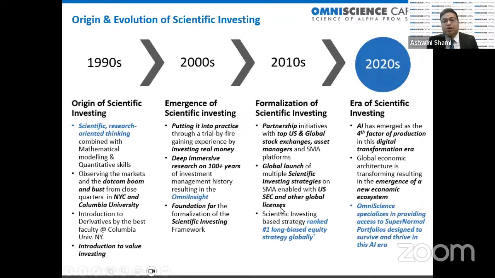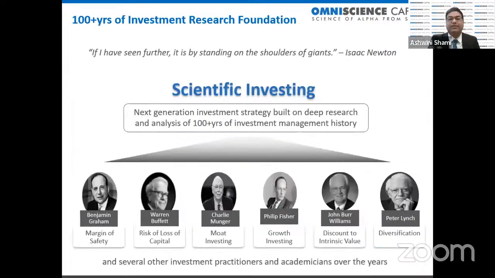Now, obviously, it has a long history, a 4-decade-long history, of how we have come about this Omni Insight. But I'll not get into the details. There's a long process of creating the scientific investing framework, which is basically 2 decades of research. We have gone back and studied 100+ years of investment management history. And when you look at 100+ years, the US is a market where you have to go.